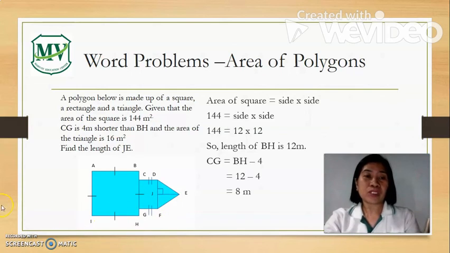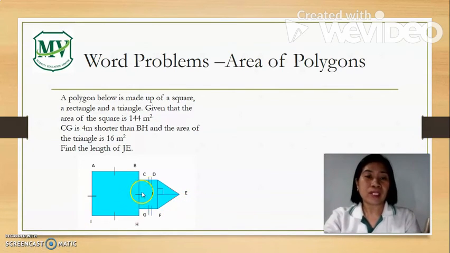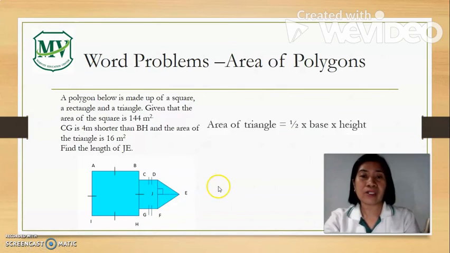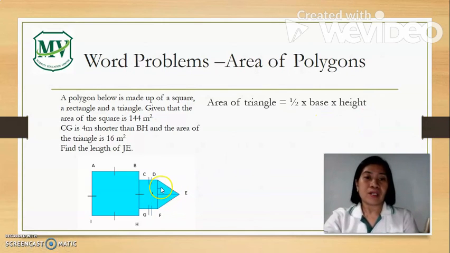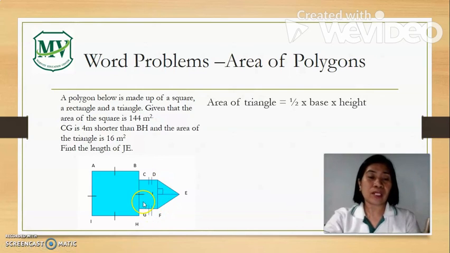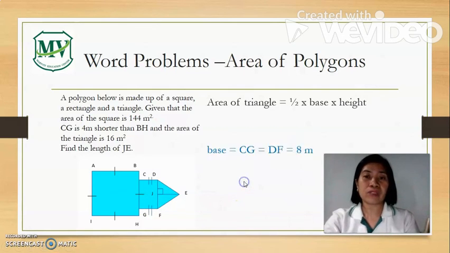Now let's proceed to find the length of side JE. Side JE is the height of the triangle, so we are going to use the formula of the area of the triangle, which is 1/2 times base times height. The base of the triangle is side DF, which is equal to side CG. Side CG is equal to 8 meters.